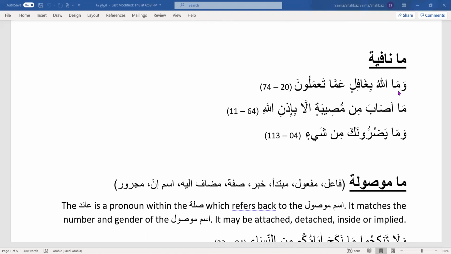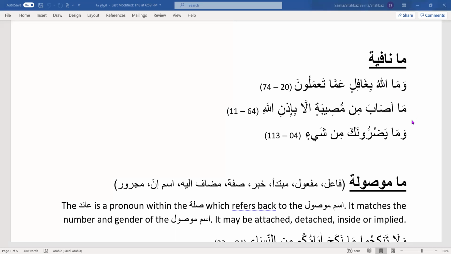And Allah is not unaware of what they do. This is ba zaida. We already know this ma and ba combination. This is used for a categorical negation, a very strong negation of something. And Allah is not unaware of what they do.